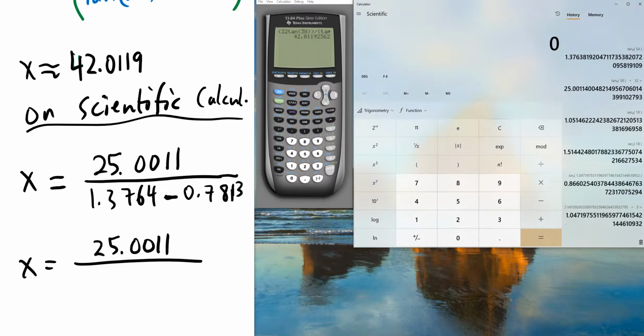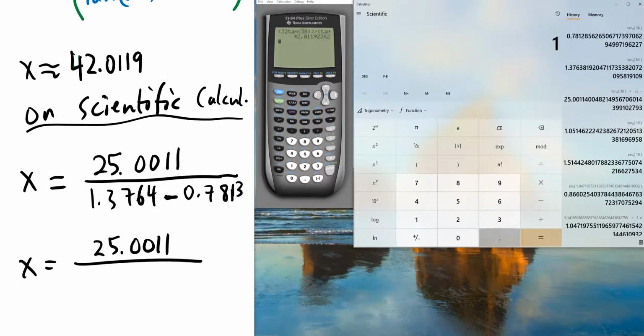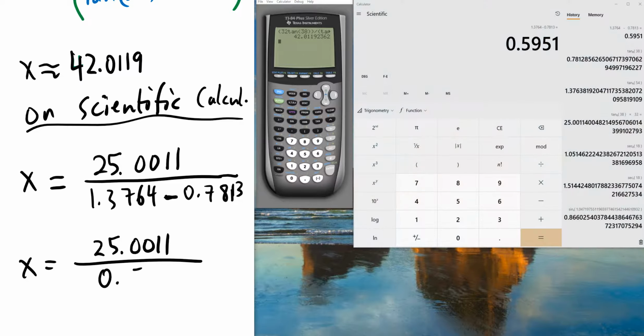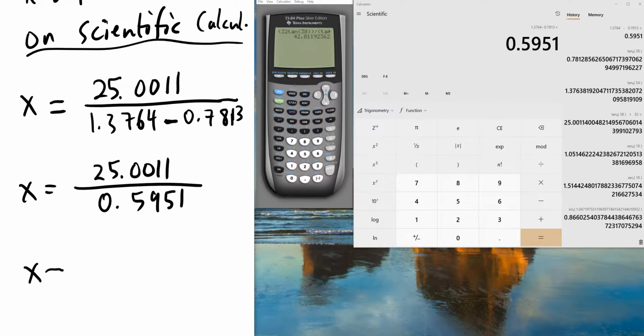For the denominator, I'm gonna do 1.3764 minus 0.7813. The denominator is 0.5951.